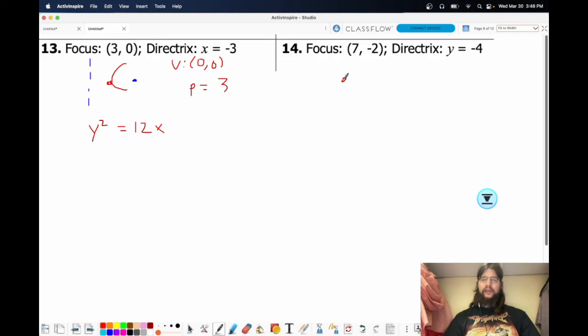Focus, 7, -2. Directrix, y equals, that's horizontal. -2 is below -4. Yeah, you can probably just kind of figure out what the vertex has to be. In the middle of -2 and -4 is obviously -3. X value's got to be 7. Or you could add them up. -2 plus -4 is -6. Divide that by 2, you get -3.